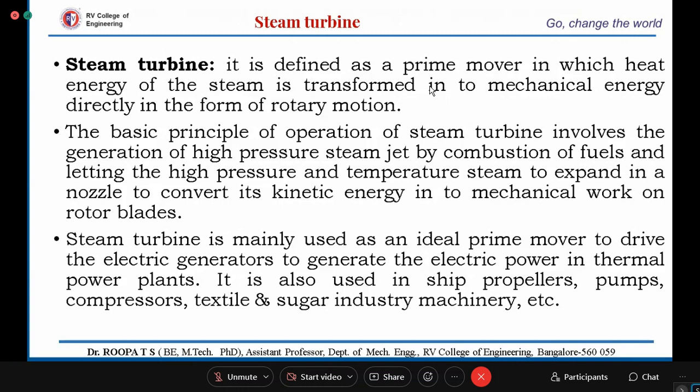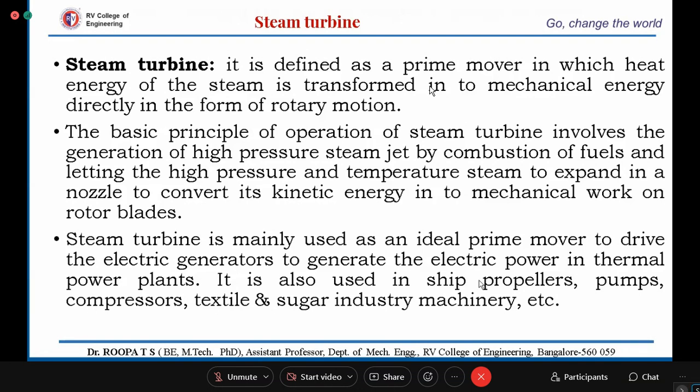Okay. So this high energy steam is passed through the nozzle where the velocity increases and pressure drops, and that will in turn be passed on to the rotor blades, and those blades will be set into motion. That is how the turbine will start rotating. These steam turbines are basically used to generate electric power in thermal power plants.